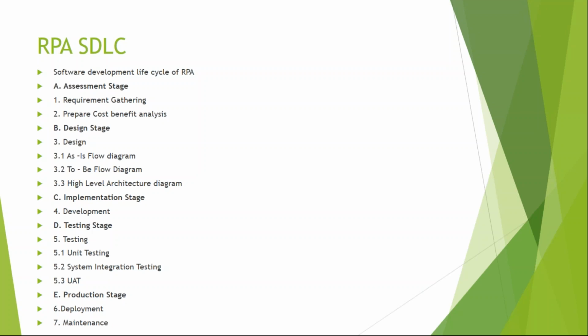Then you have a design stage. For the design stage, we will have the design flow. We will explain the as-is flow diagram. The as-is diagram means whatever task is going on right now, the manual task, you will showcase that, and once you automate that task, you will present it by the to-be flow diagram.